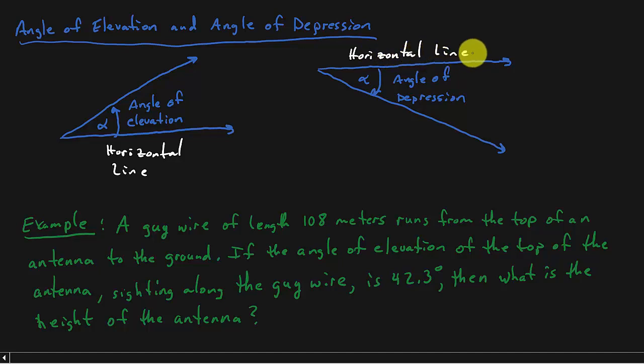Students are pretty good about getting the angle of elevation. It's the angle of depression that they mess up. But the angle of elevation, see, here's your horizontal, and here's your angle of elevation right here, measuring off the horizontal. Here's your horizontal, the angle of depression, that's this. That's your angle of depression.